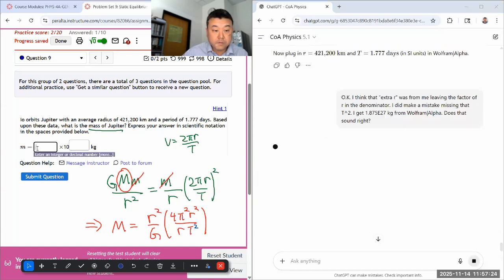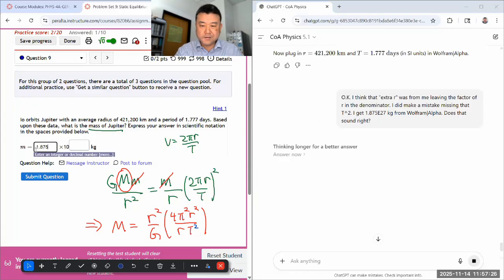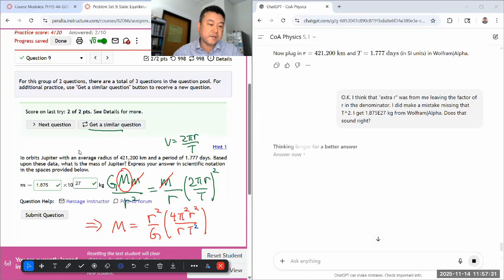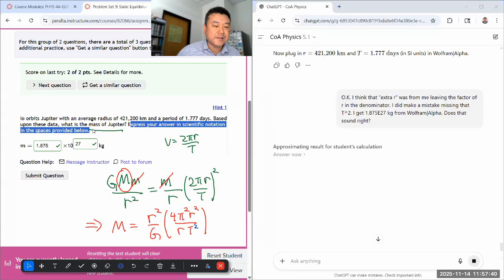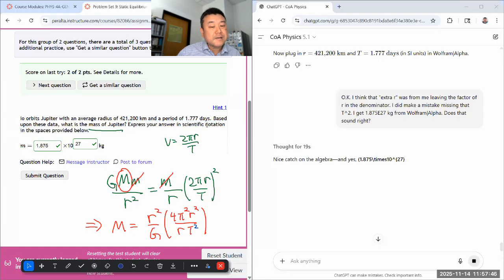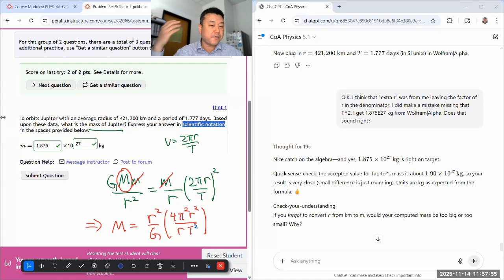So 1 point, and here the entering thing is a little bit picky. If you did 10 to the 26 and made this 18.75, it's numerically correct, but it's picky because that's why it says express your answer in scientific notation in the spaces provided below, and by scientific notation, it's implying this mantissa should be a number between 1 and 9 point something, less than 10.